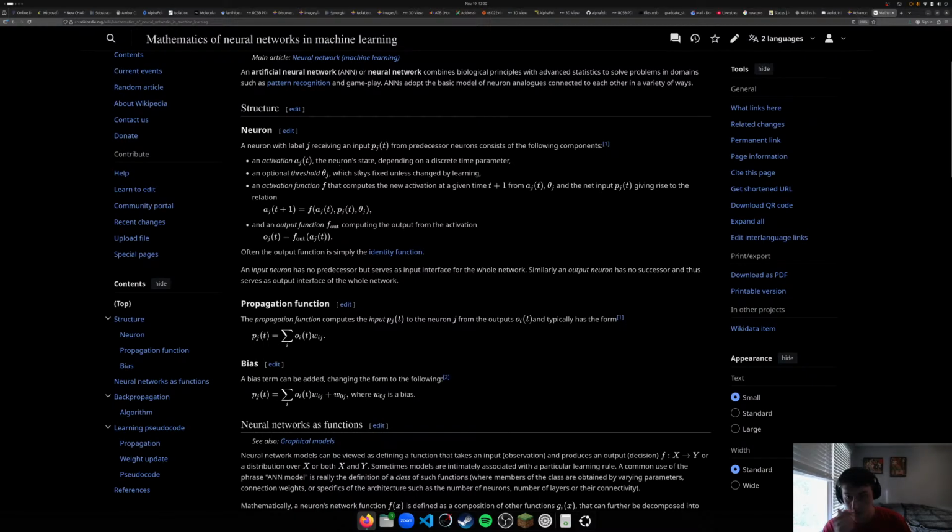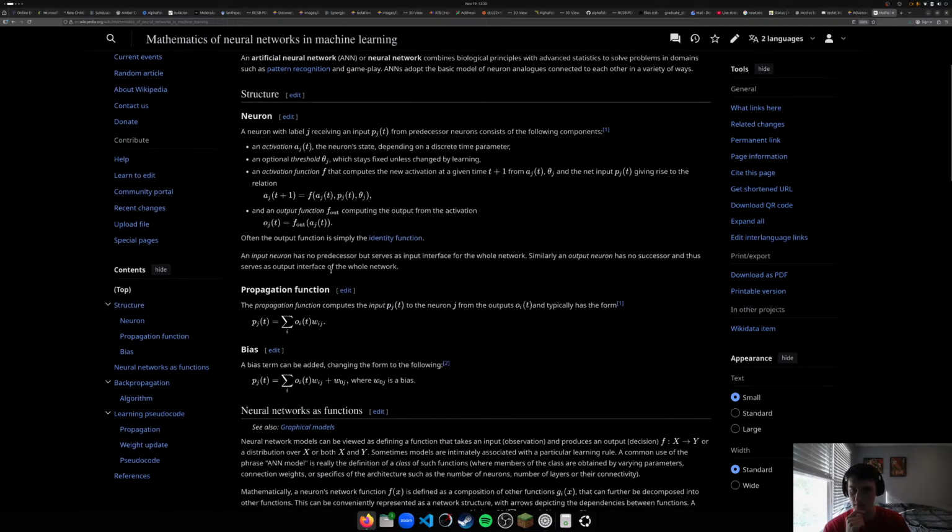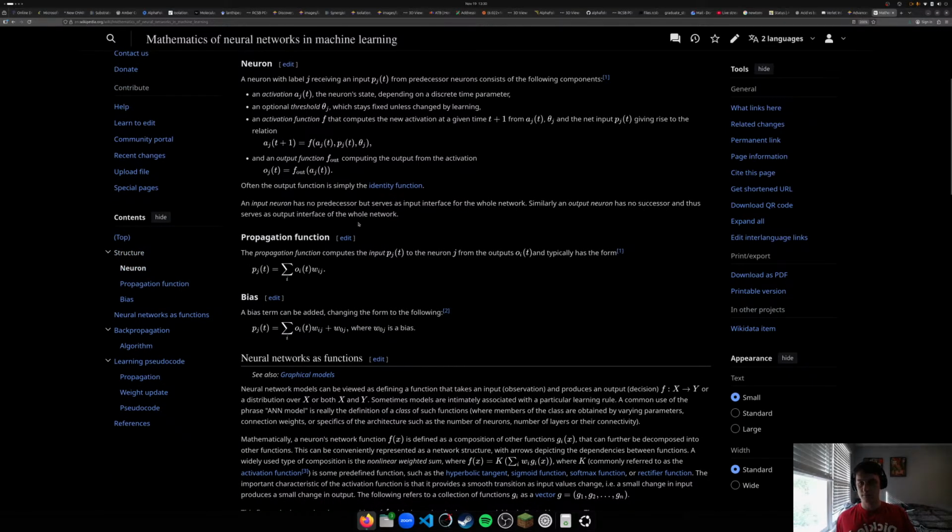A neuron labeled J is receiving input from predecessor neurons consisting of the following components: an activation, a discrete time parameter, an optimal threshold, an activation function, and it produces an output. It's simply the identity function.